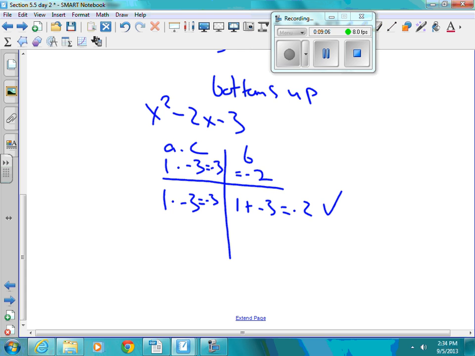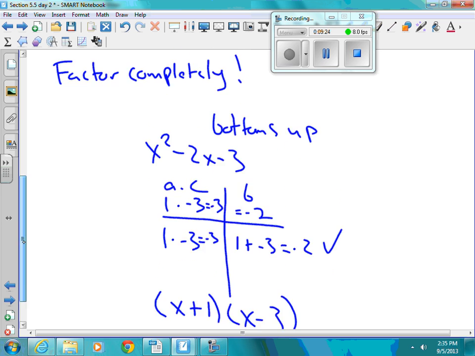So we know that x squared minus 2x minus 3 is going to factor to x plus 1 and x minus 3. Notice in bottoms up, we divide by a. A is 1, so we're skipping dividing everything by 1 because that's not going to change our answer.